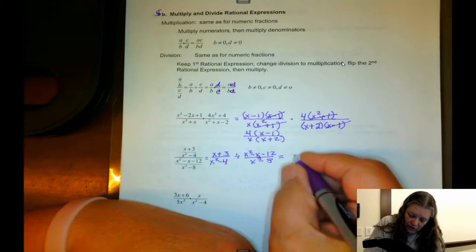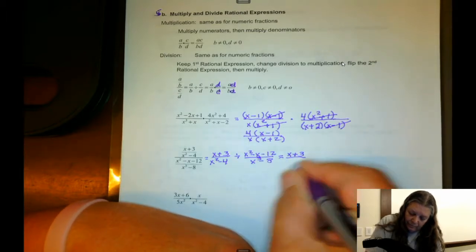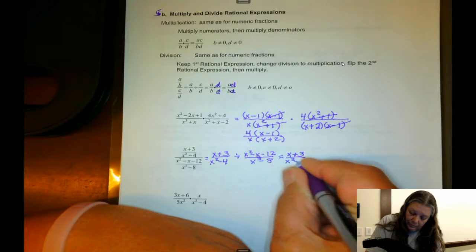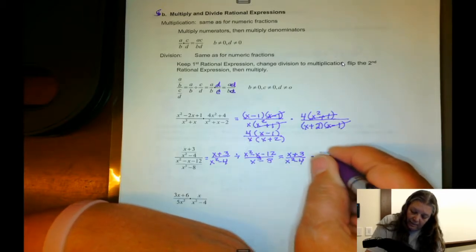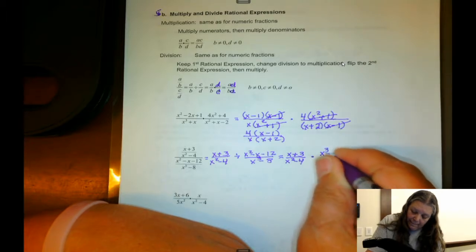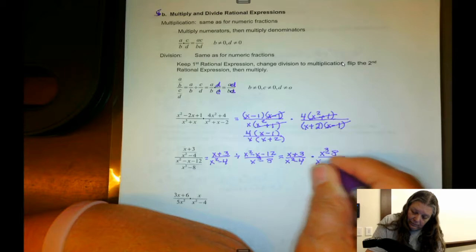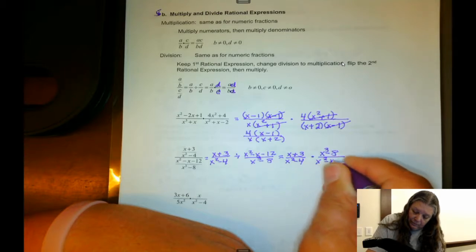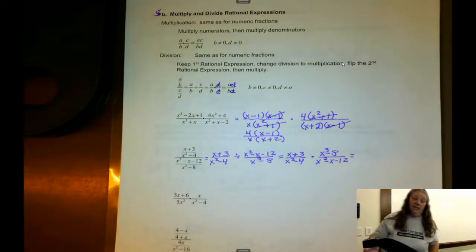So it's keep the first fraction, change the sign to multiplication, flip the second fraction. Now factor.